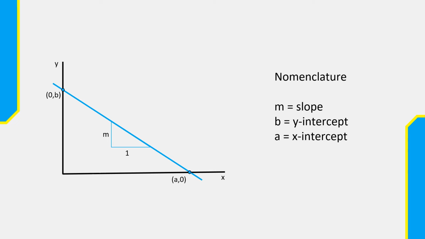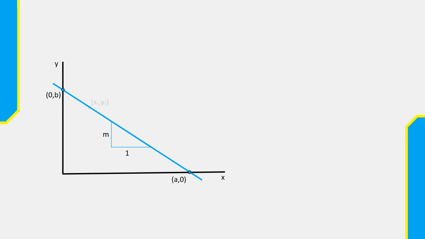So the coordinates where it crosses the x-axis will be a, 0. Now moving away from the x and y intercepts, there are an infinite amount of coordinates possible on a line. Shown here is just one of many possible coordinates, which is going to be x1, y1.